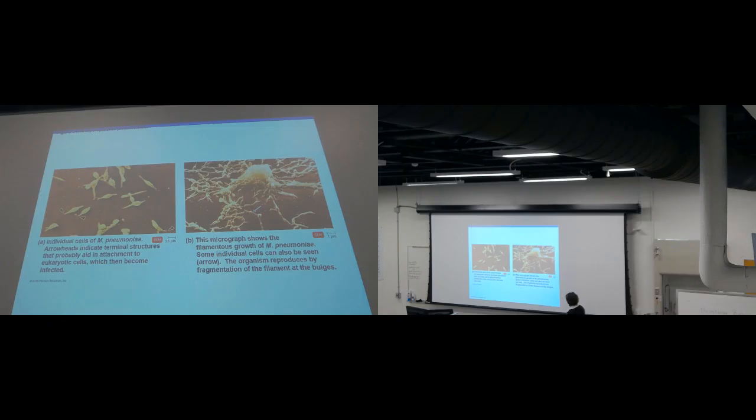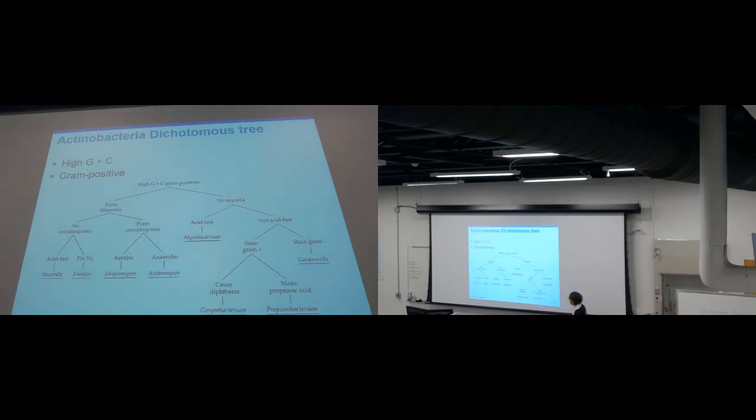This organism actually reproduces by fragmentation of this filament at the bulges. So these are areas where it starts fragmenting. So those were the low G+C gram-positive bacteria.